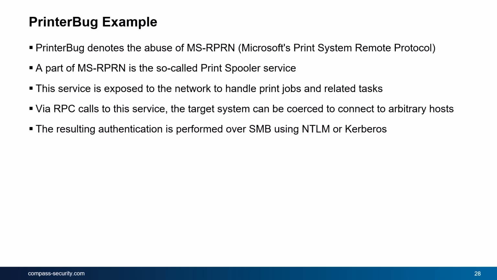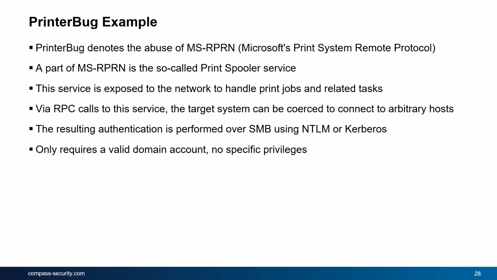The connection that then comes from that is performed via SMB, either using NTLM or Kerberos, depending on how you specify the connection. And it will also be authenticated, so it will carry authentication material from the system that you targeted.